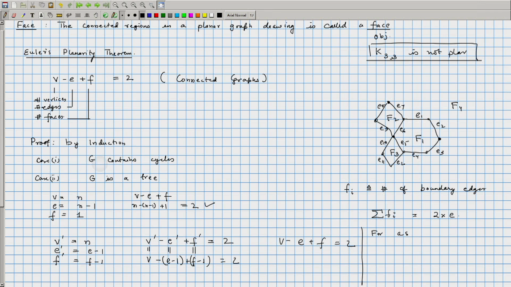For a simple graph, every face will have at least 3 edges.